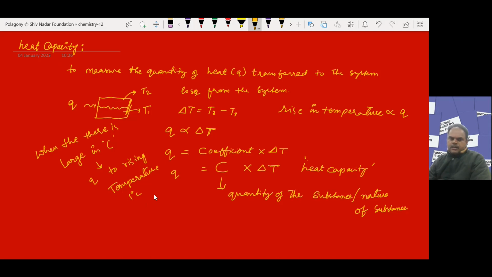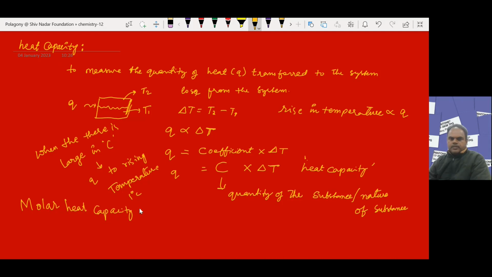That means the measure of heat transferred to the system or lost by the system can be expressed in terms of molar heat capacity.